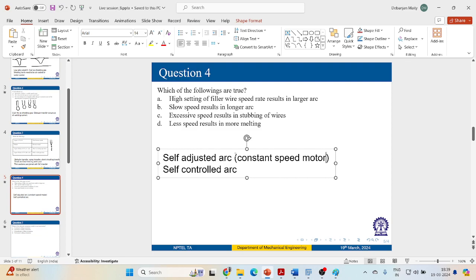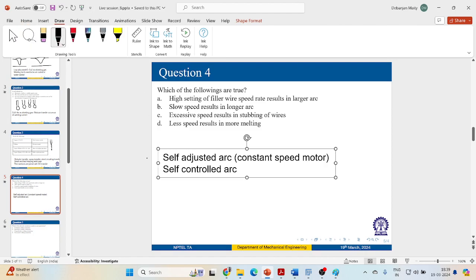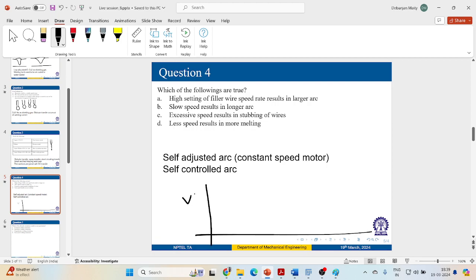So in my self-adjusted arc, let me draw this. Let's say this is voltage and this is current, and this is a flat characteristic of the power source, and I have the voltage current characteristics of two different arc lengths.